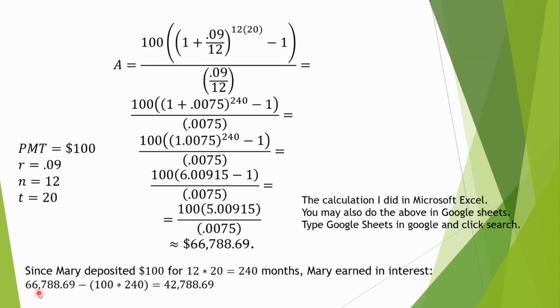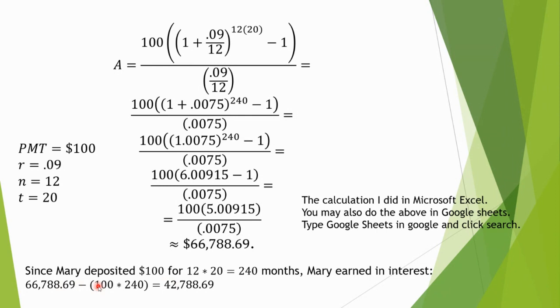This is how much she has. From here, we're subtracting off how much money she's putting in. So this is how much is in there. We're subtracting off how much money she's putting in there, and what's left over then is the interest that she earns. This is how much she earned from interest in that account.